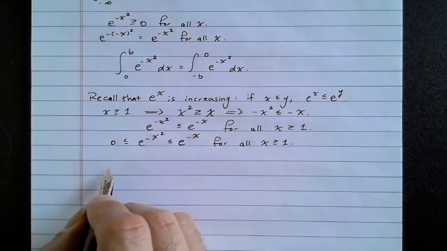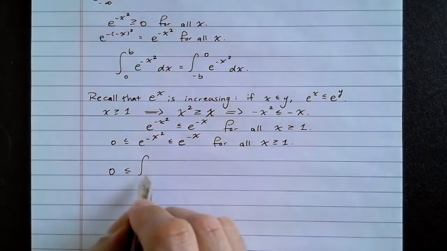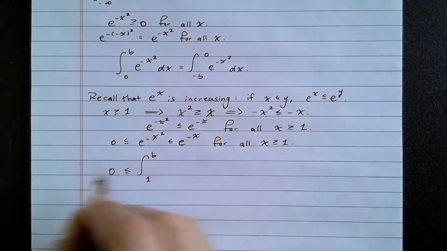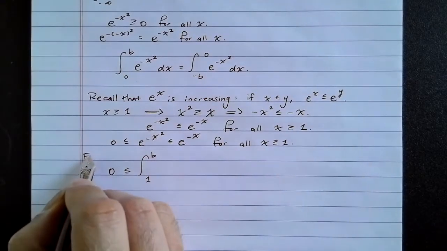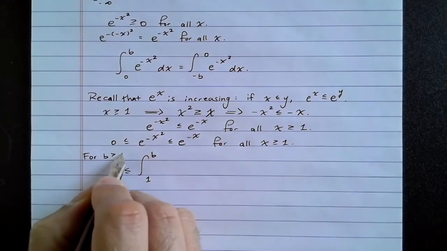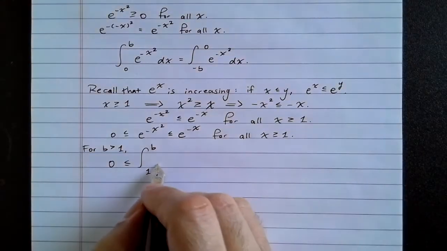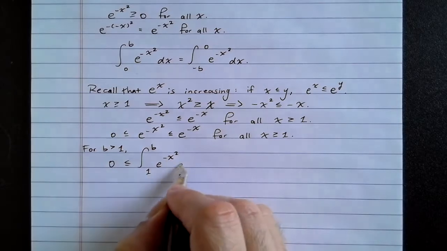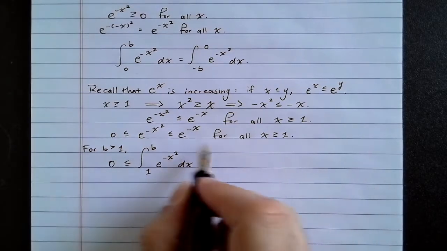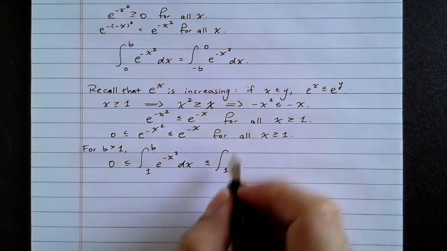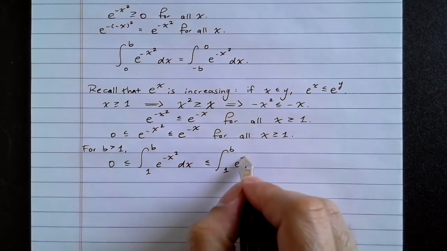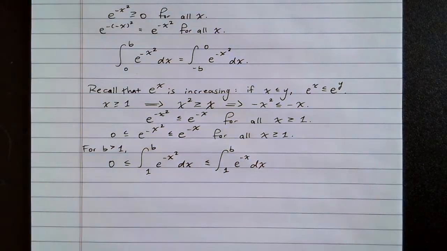If I integrate 0, I'm still going to get 0. And here I'm integrating from 1, say, to b, for b bigger than 1. 0 is less than or equal to the integral of e to the negative x squared dx, which is bounded by this integral.